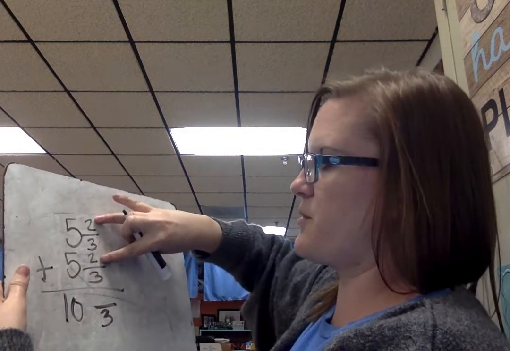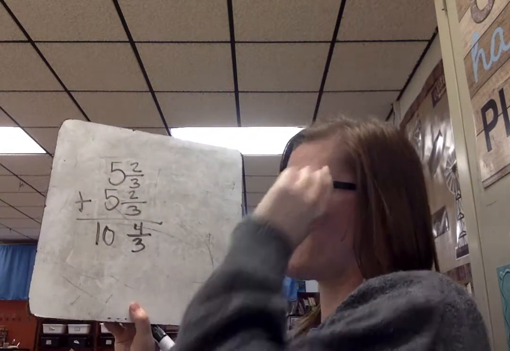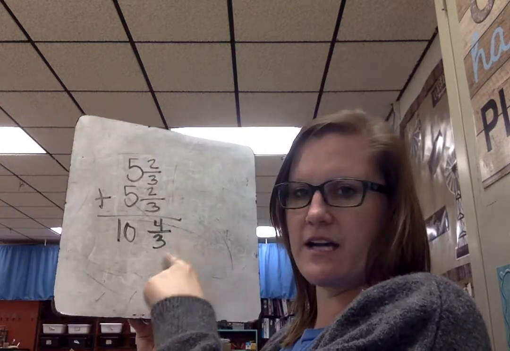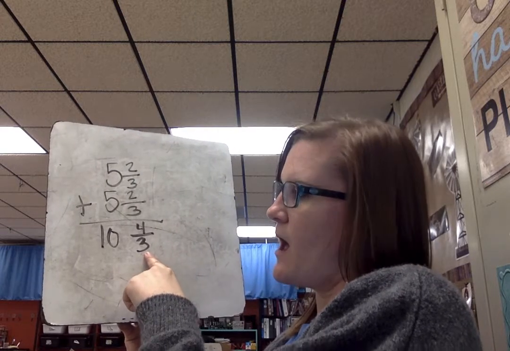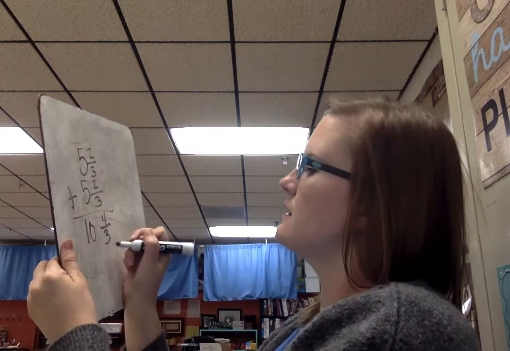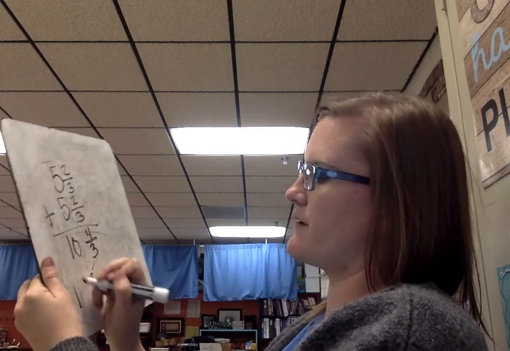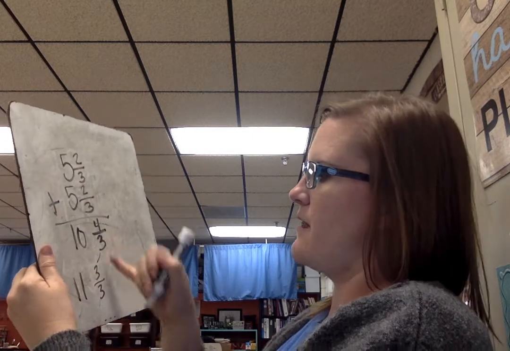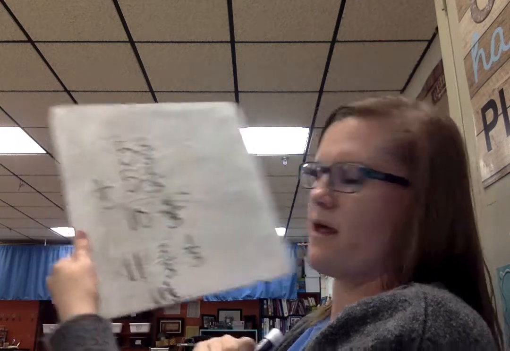And then we're going to add the numerators 2 plus 2 to get 4. So we have 10 4/3. Now, let's go ahead and make that into a proper fraction. So I know that 3/3 would be the whole because 3 is my denominator. So if I take that whole out and give it here to the whole number, then I have 1/3 left. So I know it would be 11 1/3.